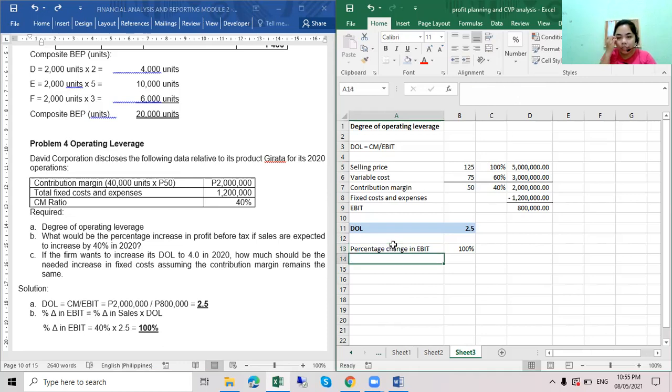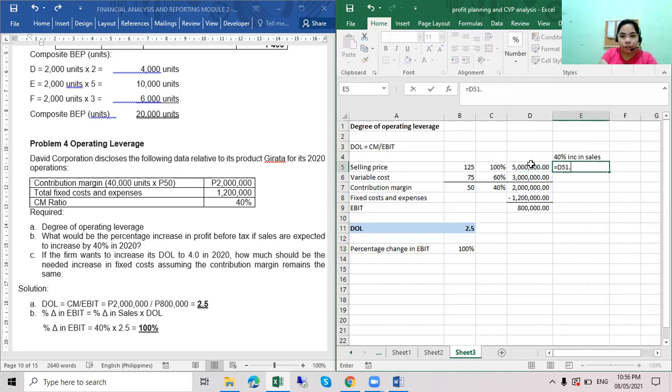Kung gusto nyo class mabalaan, no? Butang tadibi, it's 40% increase in sales. In units ni class times 1.4.